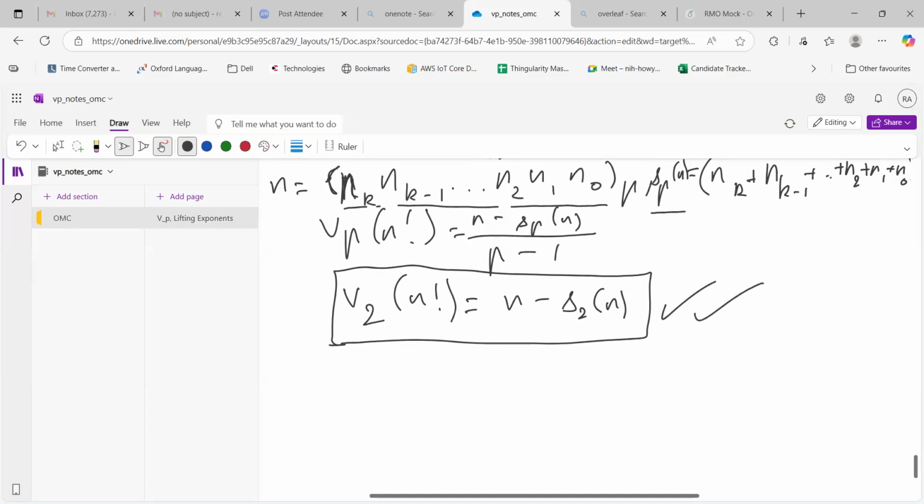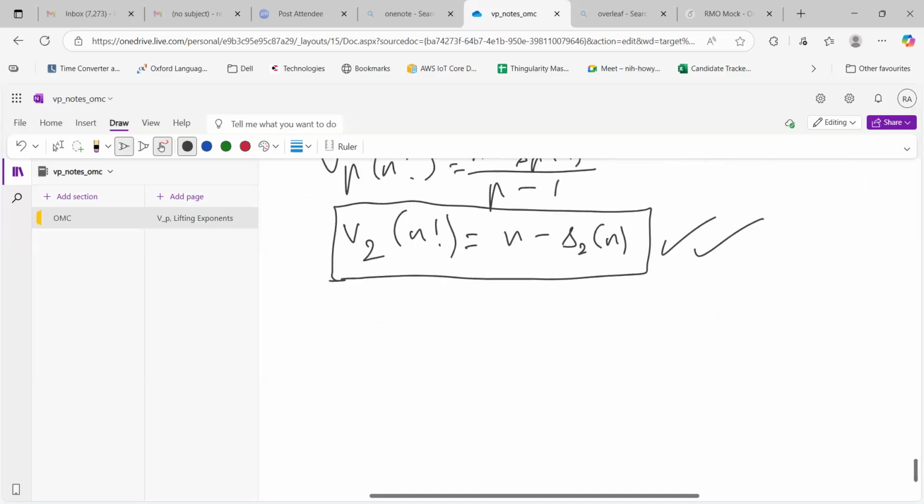So no one wants buffers? Okay, fine. Then let's do another problem on VP. Do you want to do a Diophantine, or do you want to prove some sort of statement, or do you want to directly use VP in something?